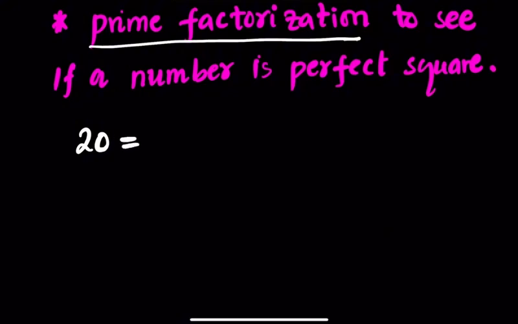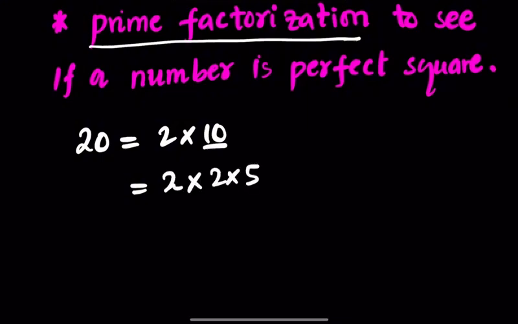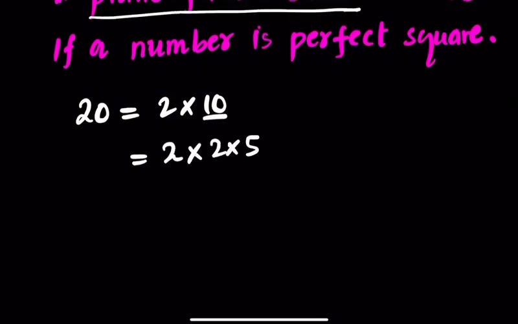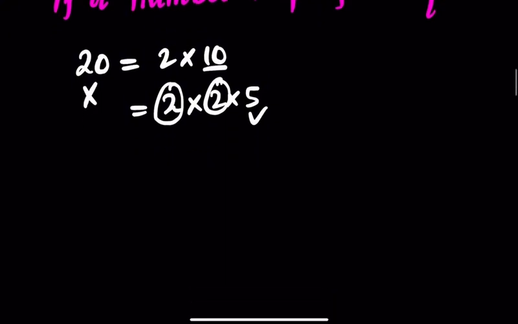So 20 can be written as 2 times 10. Furthermore, this 10 can be written as 2 times 5. Now let's see if all the factors have a pair. This 2 has a pair, but this 5 does not have a pair. So that's why 20 is not a perfect square.